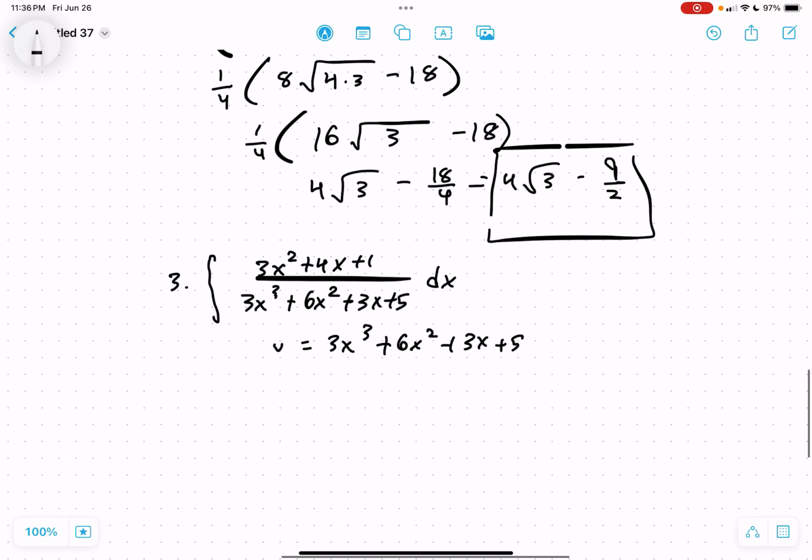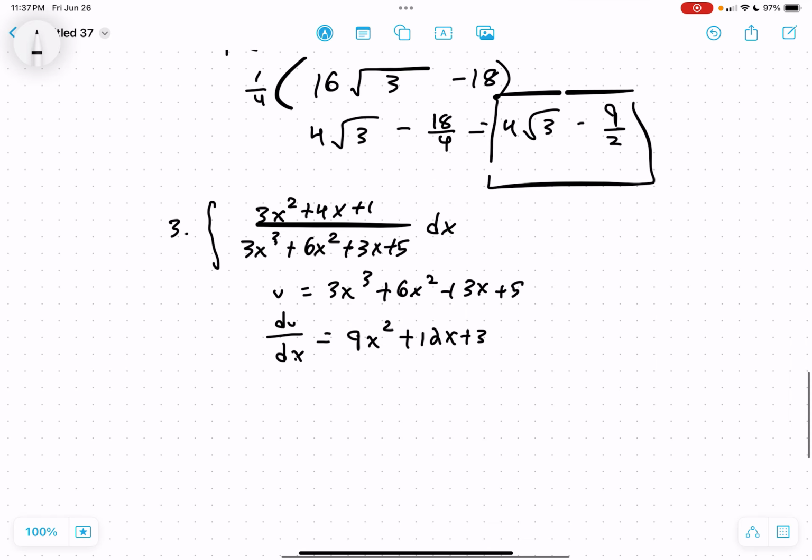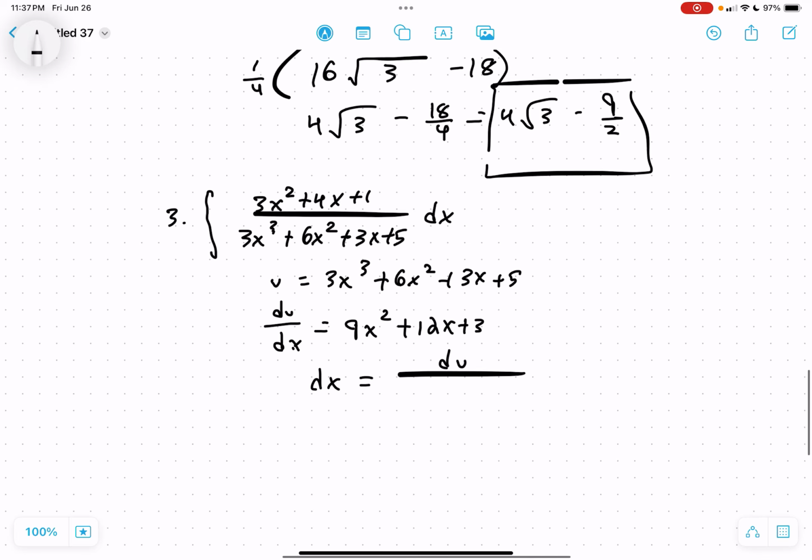When I differentiate u with respect to x, I get du dx equals, now use the power rule for derivatives. I get 9x squared plus 12x plus 3. And then when I solve, I get dx equals du over, and I'm going to factor out a 3. 3 times 3x squared plus 4x plus 1.